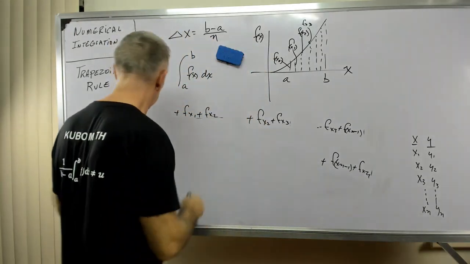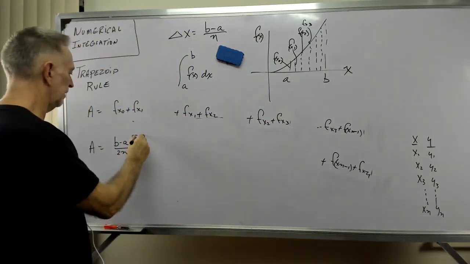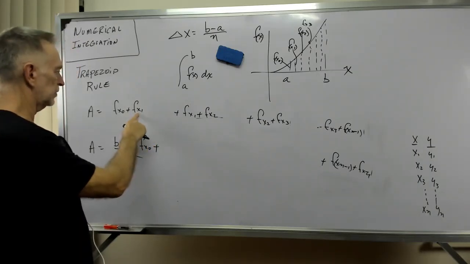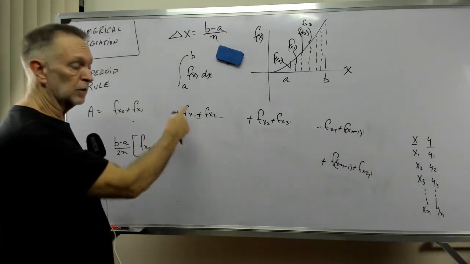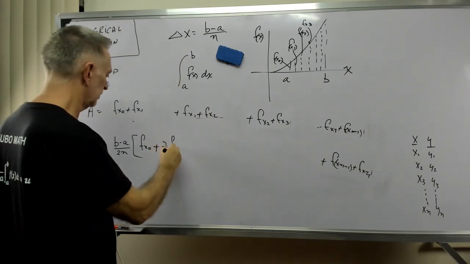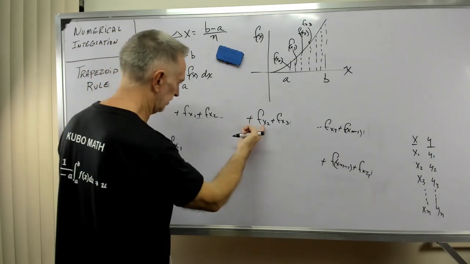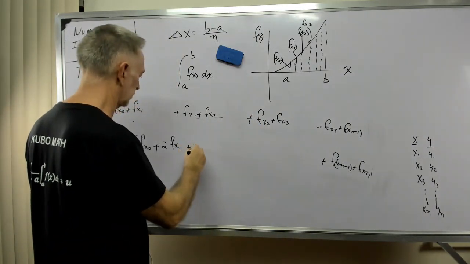All right. What do we have left? f of x sub 0 plus f of x sub 1 plus f of x sub 1, so I have 2 of those. Plus f of x sub 2 plus f of x sub 2, I have 2 of those.